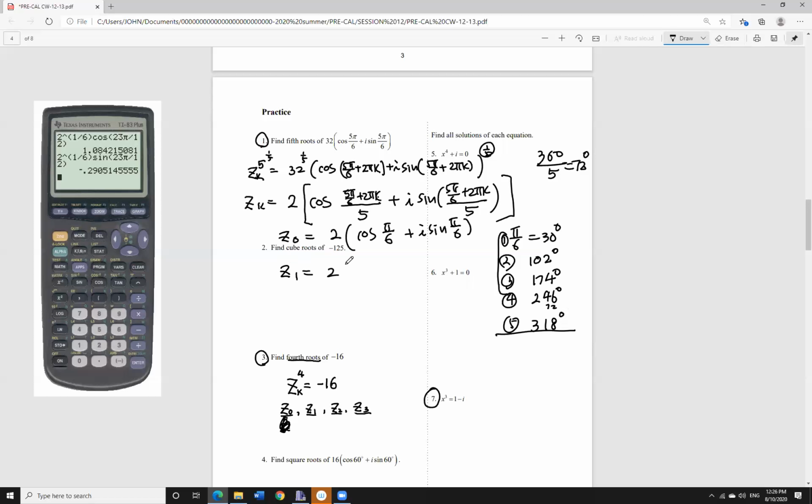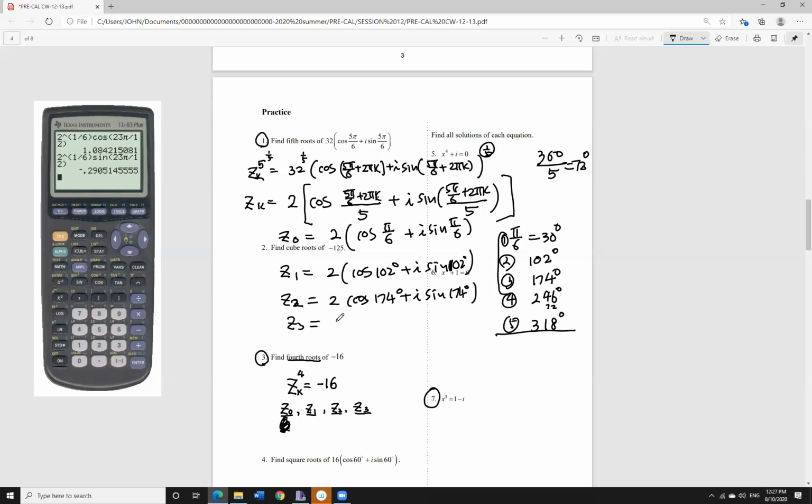g1 equals what? 2 times cosine 102 degrees plus i sine 102. We have to use a calculator, okay? Third one, g2, is what? 2 cosine 174 plus i sine 174.